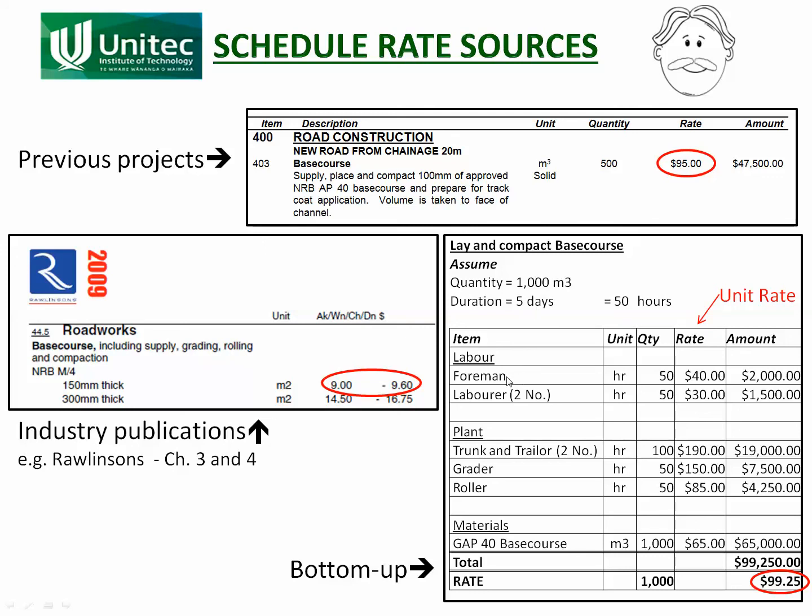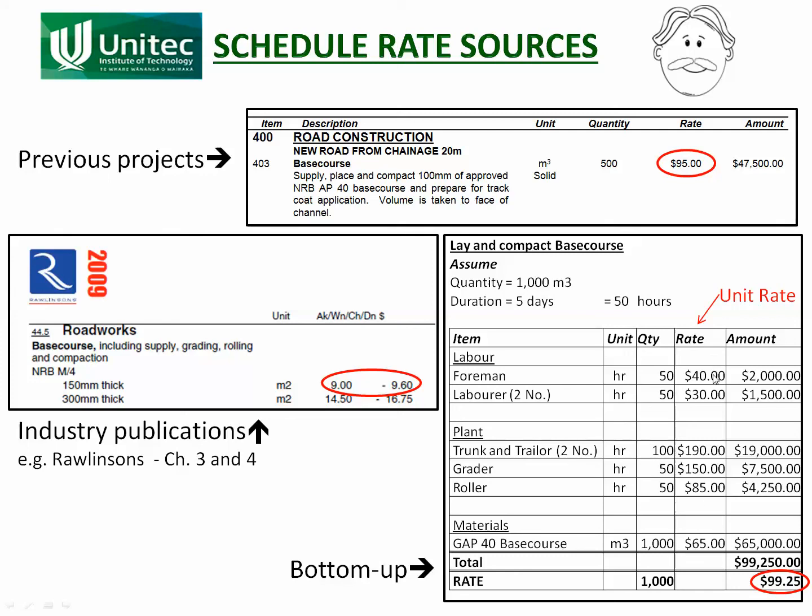So once again, the resources from experience, we know there's a foreman, a couple of labourers, this plant and this material. So we once again do the same process as we did with the schedule of quantities. We've got our units, our parameters. We figured out the quantities from the drawings and from our experience, how long is it going to take us to do it, and we've got this quantity here off the drawings like we did the schedule.